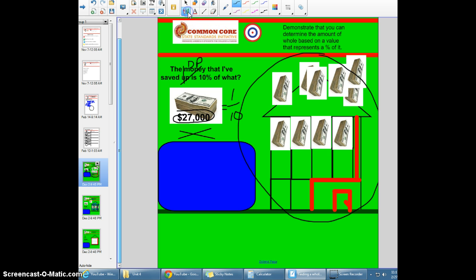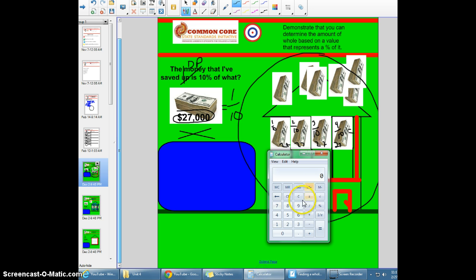What do I know so far? Let's ask that question. We know that this is 1/10. We know that this is the second 10th. We know that this is 3/10. We know that this is 4/10. And we know that 4/10 is equal to 27,000 plus another 27,000 plus another 27,000 plus another 27,000.